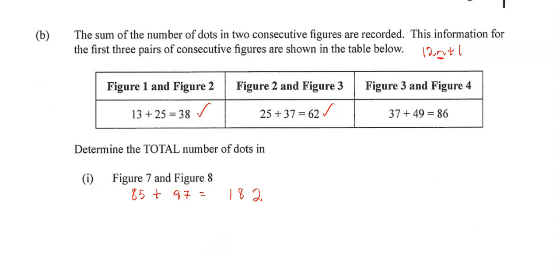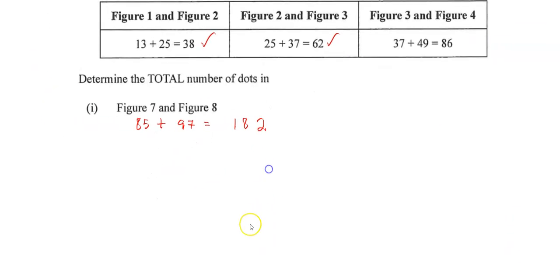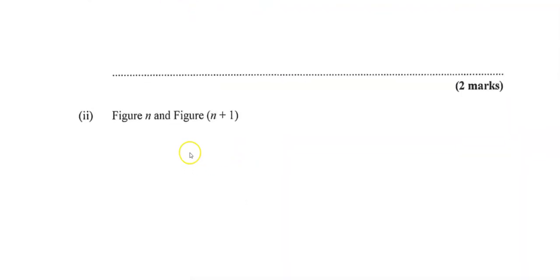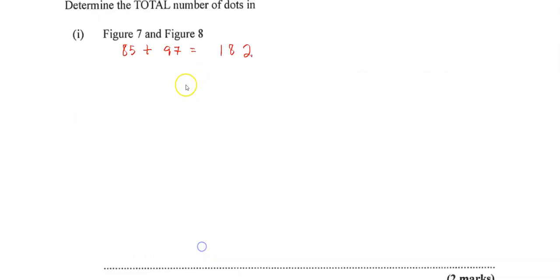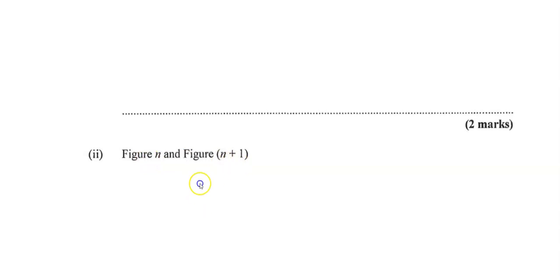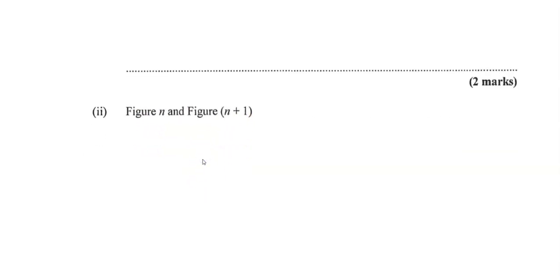Let's move on to the next part. So now you are required to find the total number of dots in figure n and figure n plus 1. We know that we had before, for n we had 12n plus 1 for the dots.